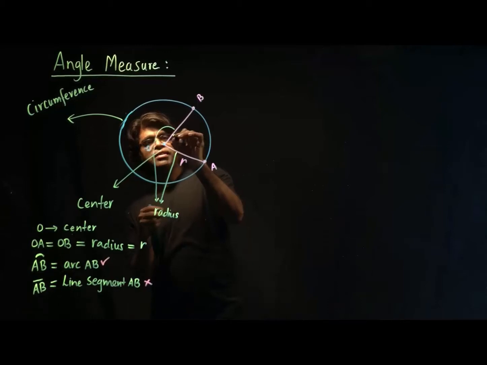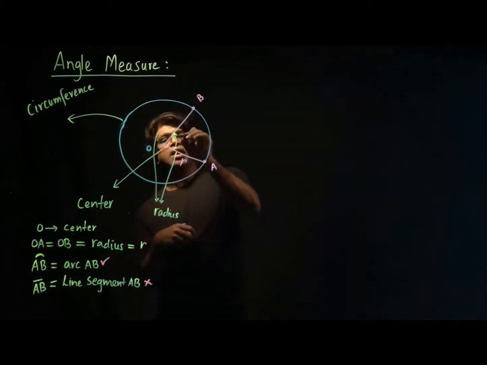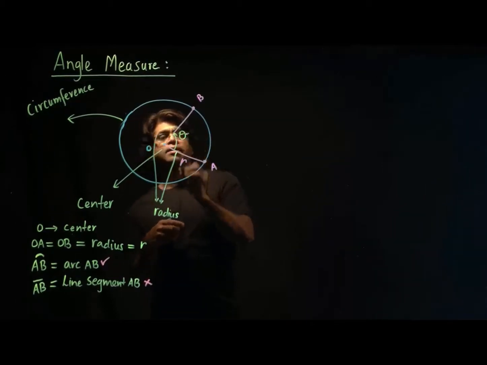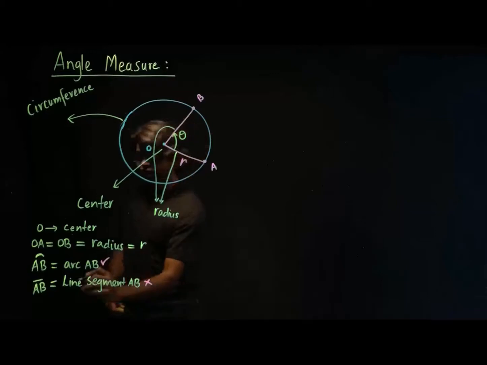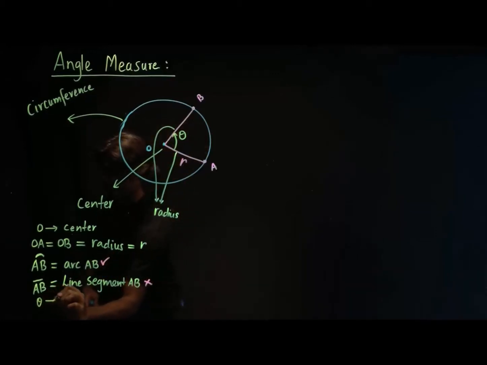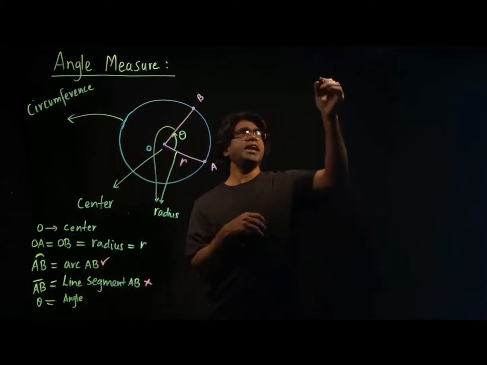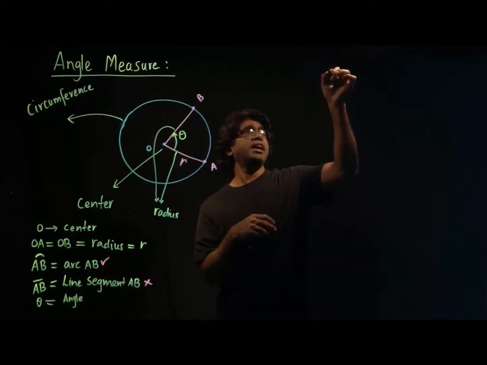Now, the next thing that I want to talk about is the symbol theta. And that theta is known as angle. So how do I define an angle? Let's define an angle.